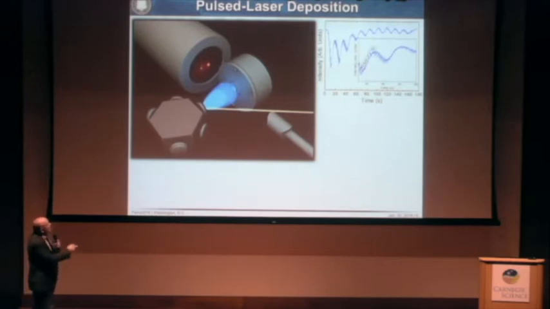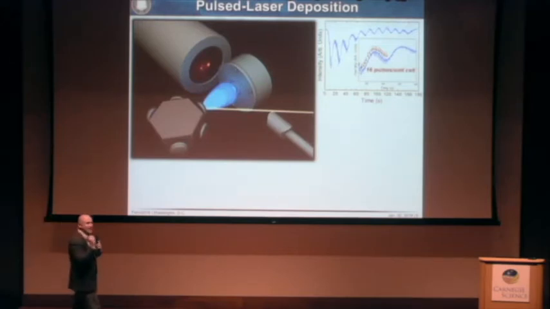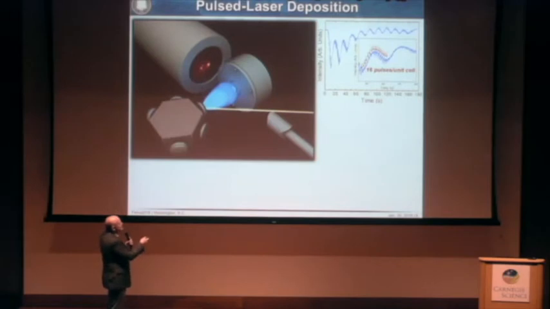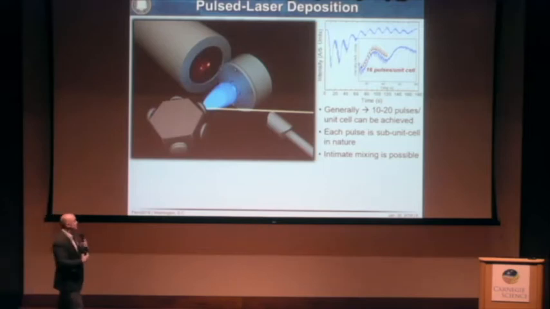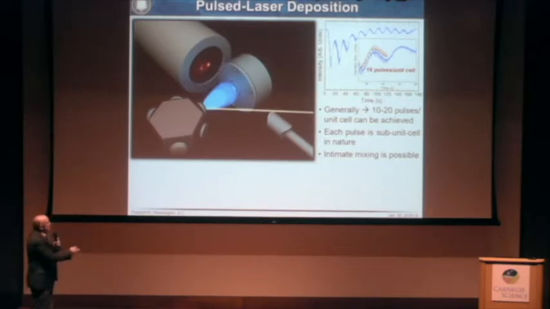And so if we start counting here, what you're seeing is that each one of these little oscillations is an individual laser pulse, and it takes something on the order of about 16 pulses to make a unit cell of this material here. So in general, we can control these things such that we need about 10 to 20 pulses to grow a single unit cell of these materials. And what that means is each pulse of the laser is sub-unit cell in nature. And so it's possible to do some very intimate mixing of different materials.